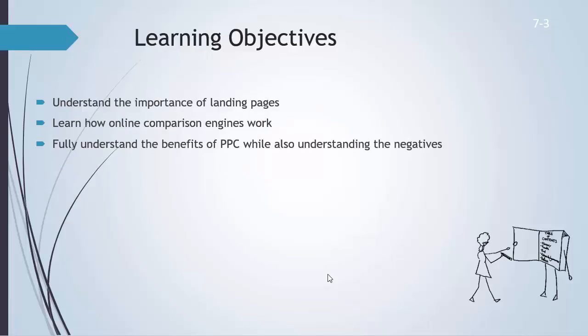We'll also discuss again the importance of landing pages and how online comparison engines work, and then we'll understand, hopefully by the time we finish the chapter, the benefits of pay-per-click, while also understanding what the not so good things or negative things about pay-per-click are.